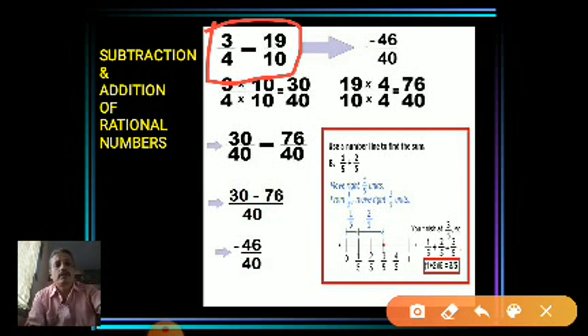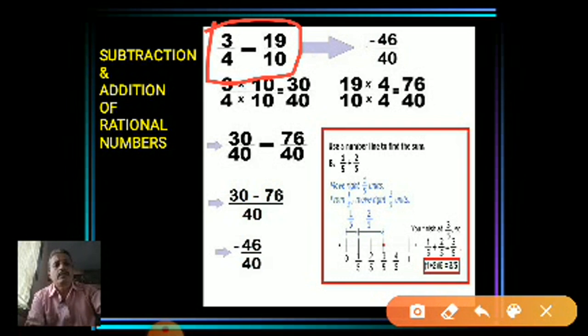Always check the denominator first. In the first number 4 is the denominator, in the second number 10 is the denominator. It is not possible to do this directly. So for that, make the denominators equal. LCM of 4 and 10 is 40. So we can make it the LCM of the denominators.